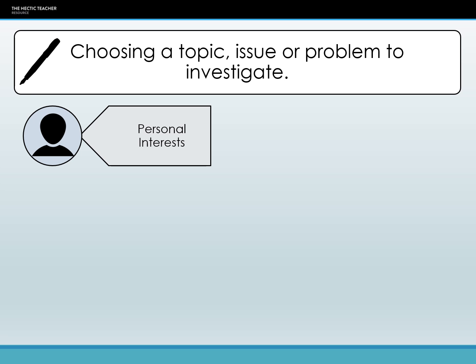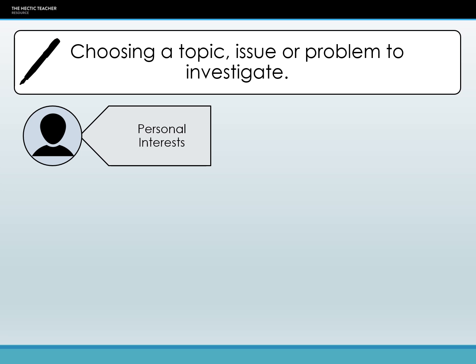Maybe it's a topic area that they have been researching for a long time, and they're developing further and have a connection to. It might be a topic that they have a personal connection to, something that has happened to them that they're trying to explain or explore.